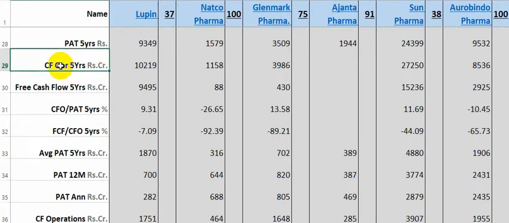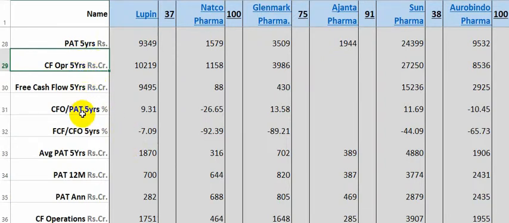So there are two steps we need to do. First, we will compare the cash flow from operations with PAT, that is how much of the earnings got translated into cash, and then what was the portion of the free cash flow with the company when compared to what it earned through operations.